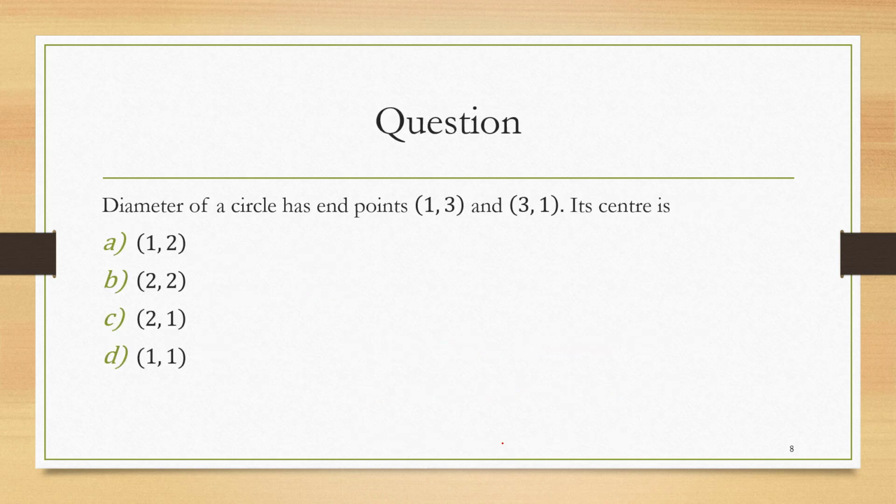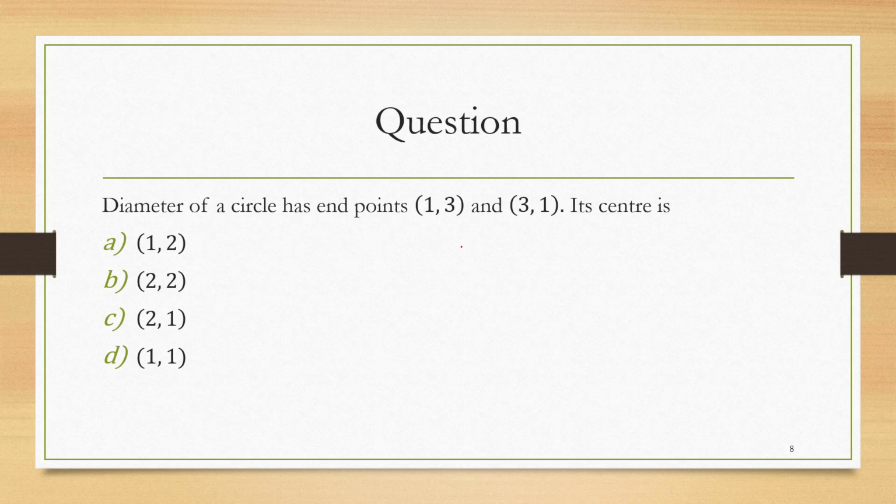Now let's do an MCQ based on this. The diameter of a circle has endpoints (1, 3) and (3, 1). Now we have to find its center only. We know that the center is the midpoint of the diameter. One way is to find the equation of the circle using these points and then find the center from that equation.